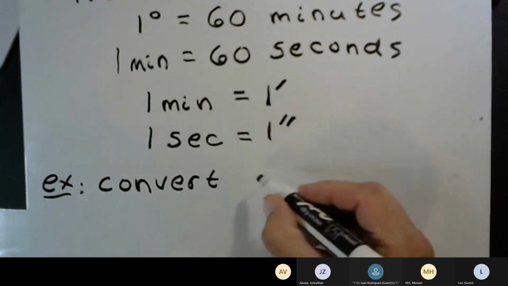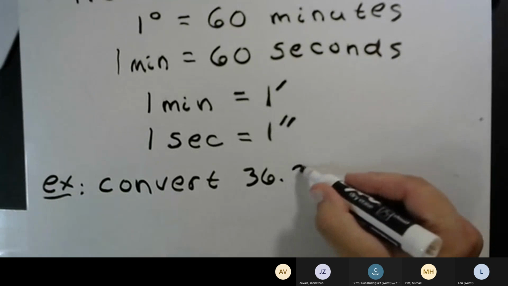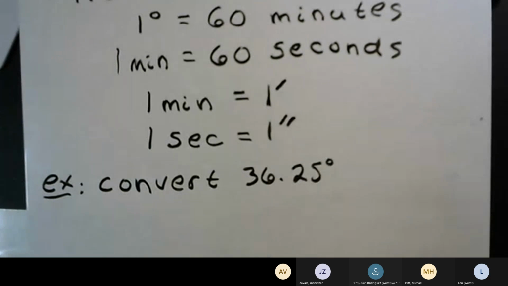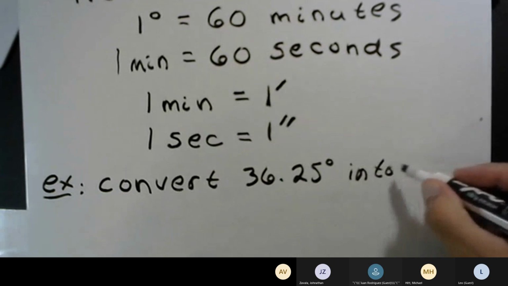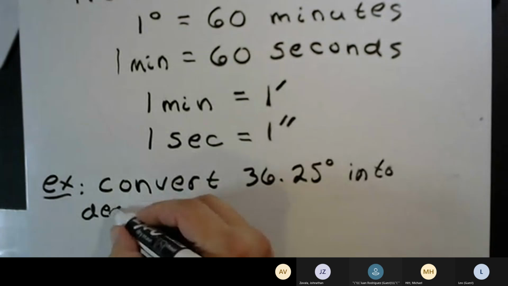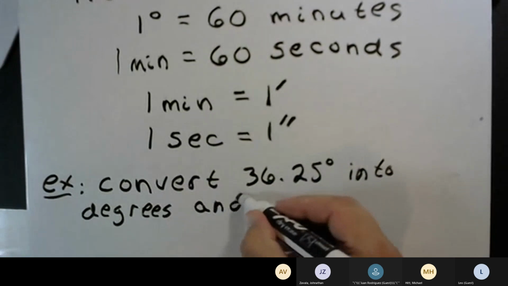Convert 36.25 degrees into degrees and minutes.